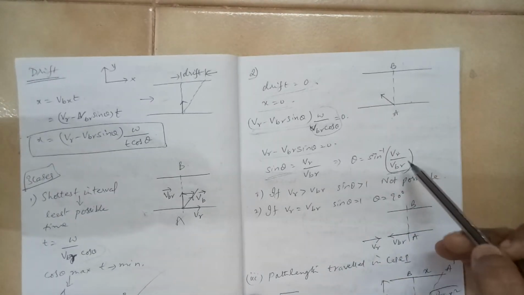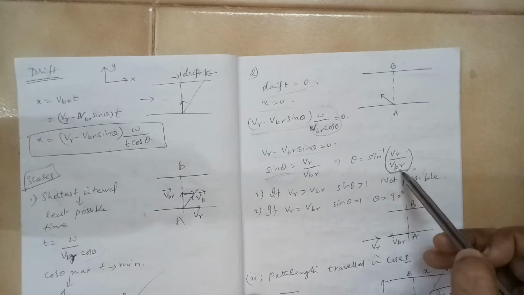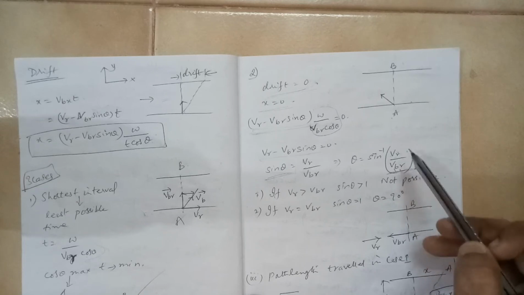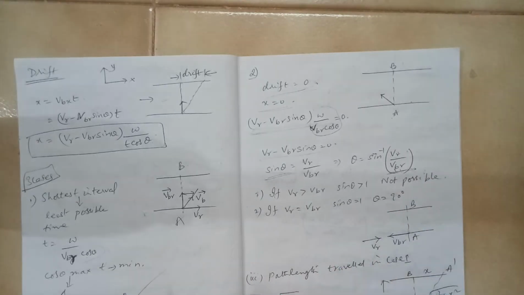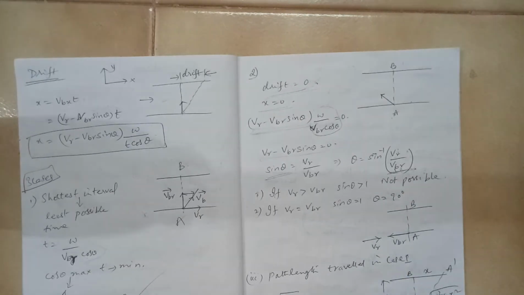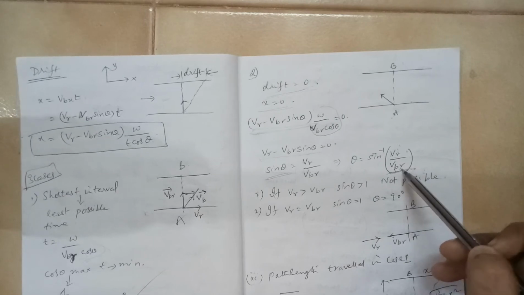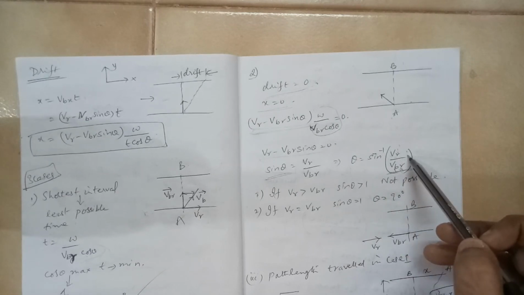You have two velocities here. One is the velocity of the river and another is velocity of the boat with respect to the river. So because there are two velocities here, again we can form two cases. Case number one, where VR is more than VBR. See, if the numerator is more than the denominator, this ratio becomes more than 1.